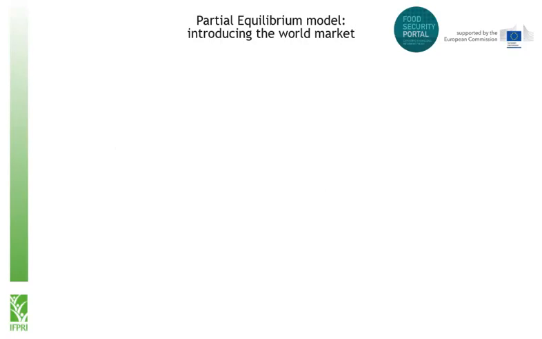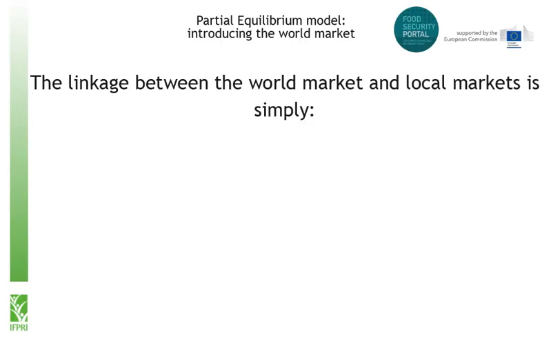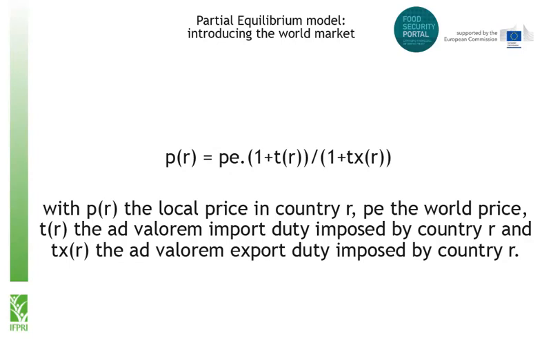Let us now present the linkage between the world market and local markets. It's very simple. It's a unique relation, applied to each country or region. It's this equation: the local price, P in R, is equal to the world price, PE, times (1 plus the import tariffs implemented by R), divided by (1 plus the export tax applied by R).